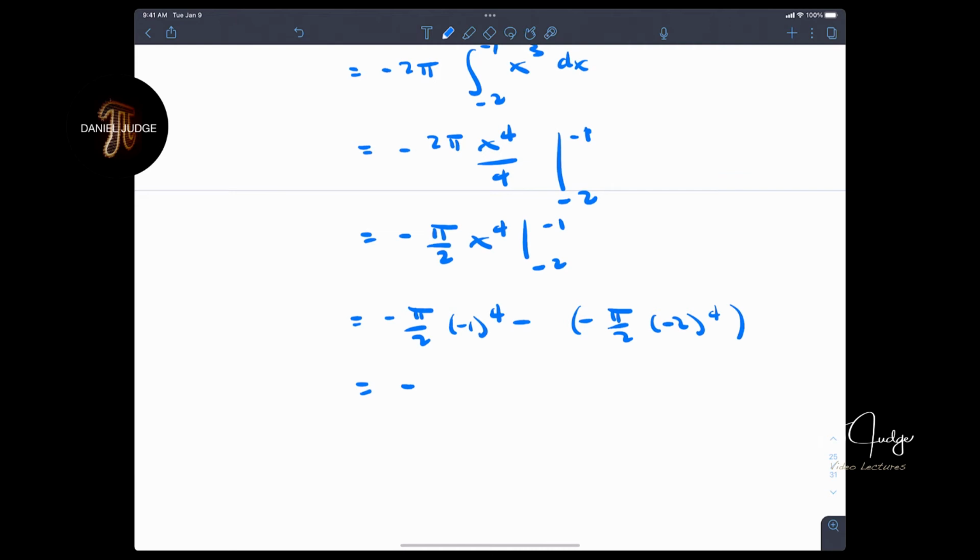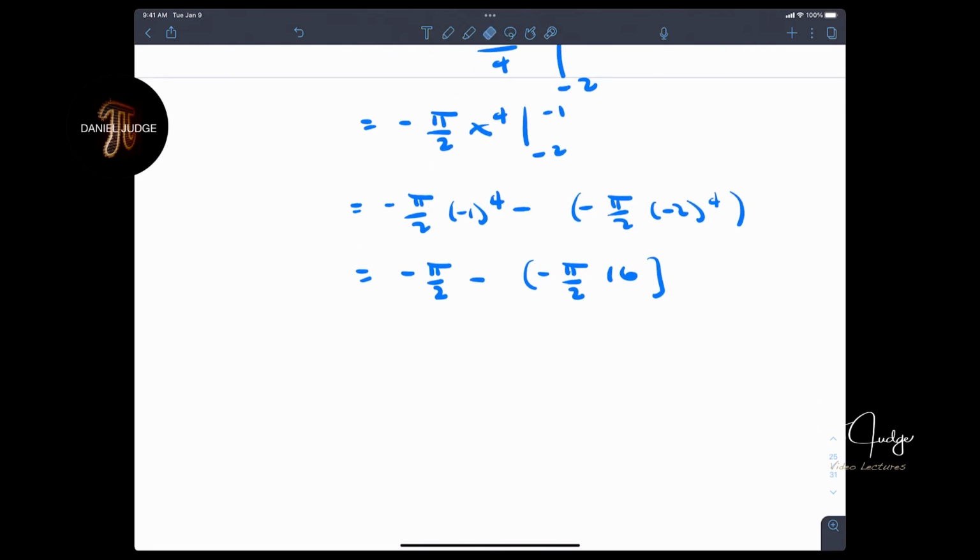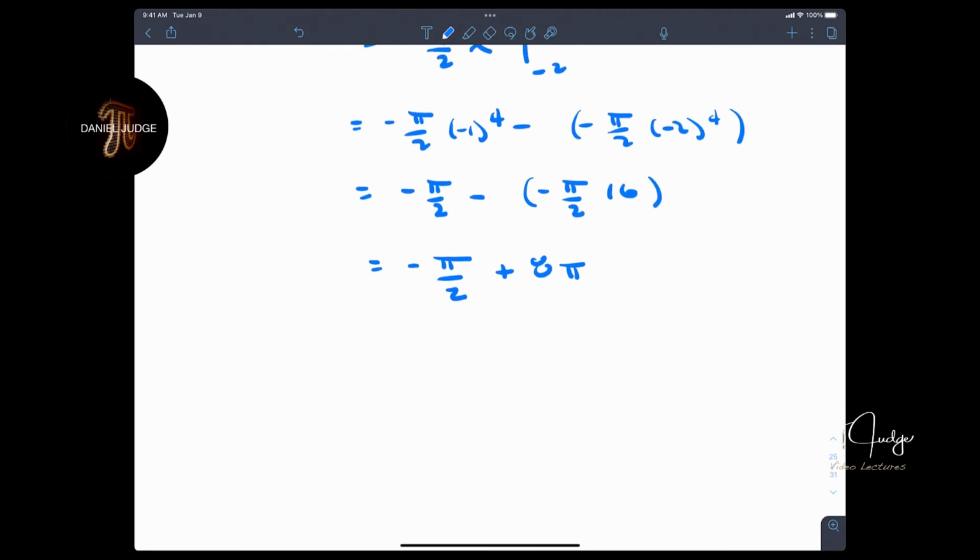Which will be negative pi over 2 minus negative pi over 2 times negative 2 to the fourth power. Negative 2 to the fourth power is a positive number because that's an even power. 2 times 2 to the fourth power, 16. And that's the parentheses. Negative pi over 2 looks like it's plus 8 pi. Right, 2 over 16 and that minus the minus.